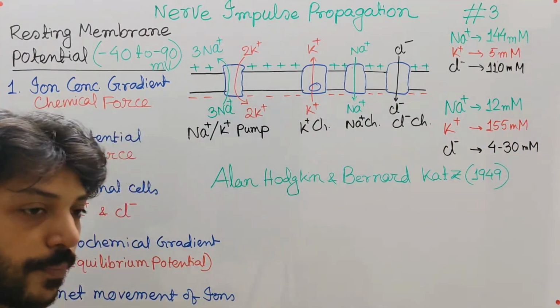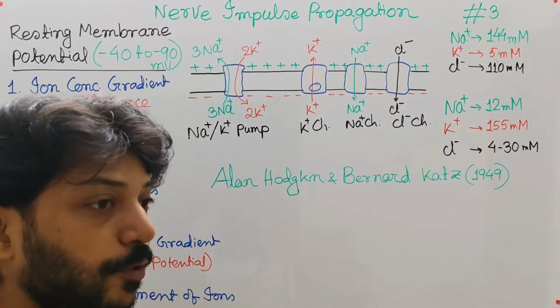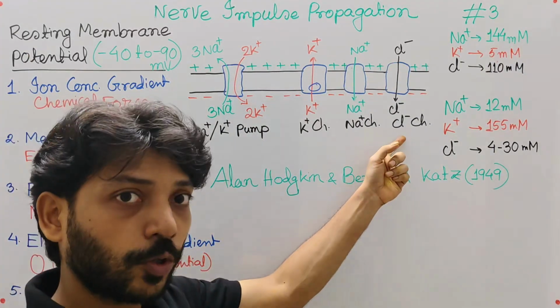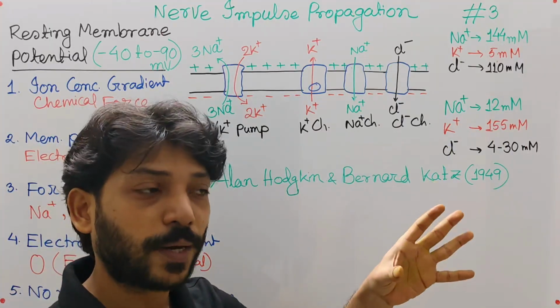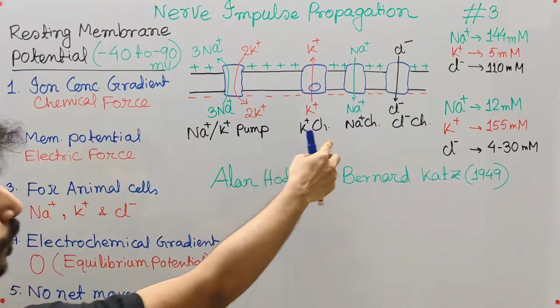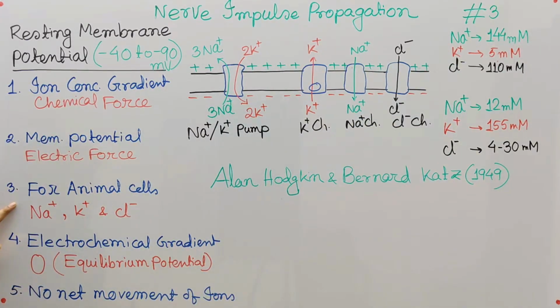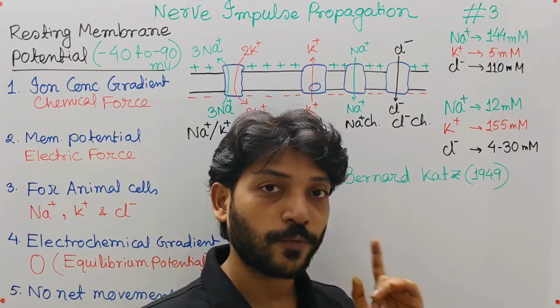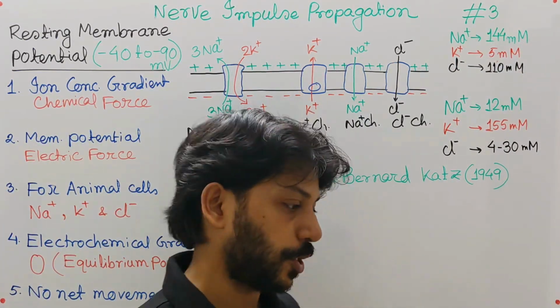Now, as I mentioned, different types of ATP driven pumps are present in the plasma membrane. For chlorine ions also there is another ATP driven pump present. I have not drawn it here. I am mentioning potassium, sodium and chlorine because for animal cells these 3 ions are the major contributors to the resting membrane potential and membrane potential.